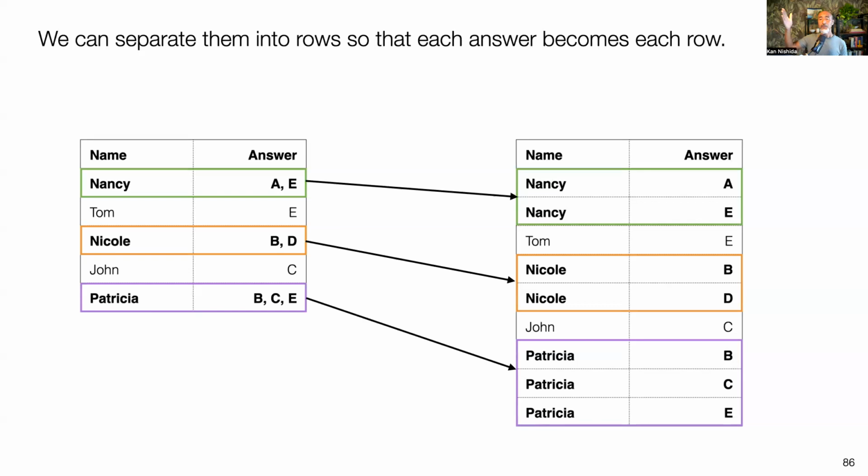However, we can do the calculation of simply counting how many people selected A, how many selected B, how many selected C, and so on. So basically, that's sometimes what you want to do. Again, it's not that the left side is better than the right side. It really depends on what you want to do. If you want to do the counting in this particular case, the right-side data is better.